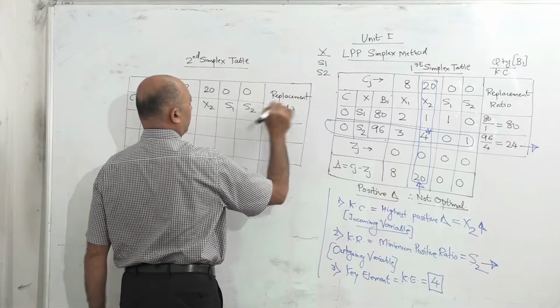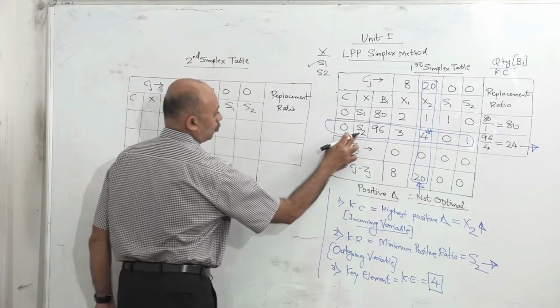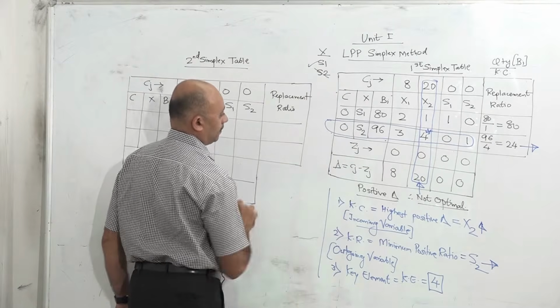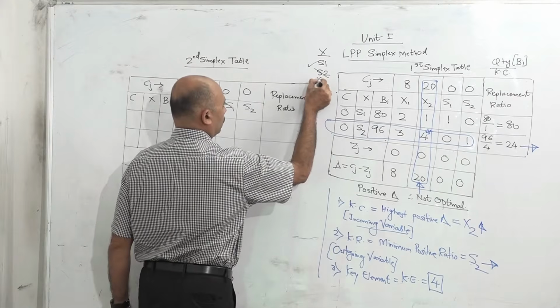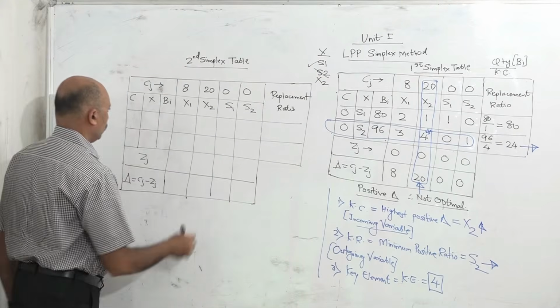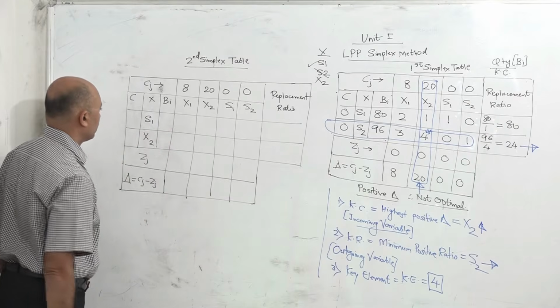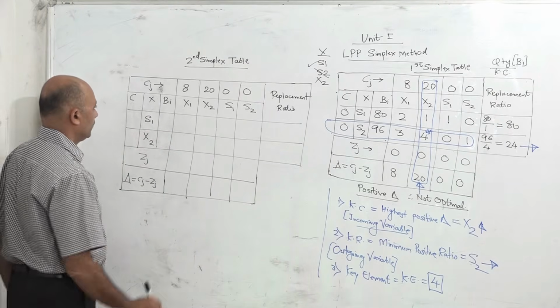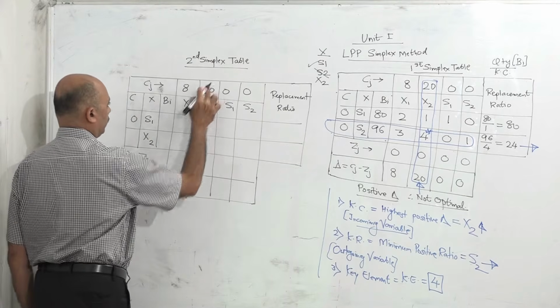But now in the second table, S1 will continue, but S2 goes out, and S2 will be replaced by the incoming variable X2. So our variable column will become S1, X2. Then we can write the C column: S1's coefficient is 0, and X2's coefficient is 20.